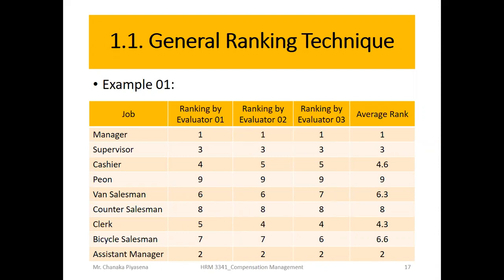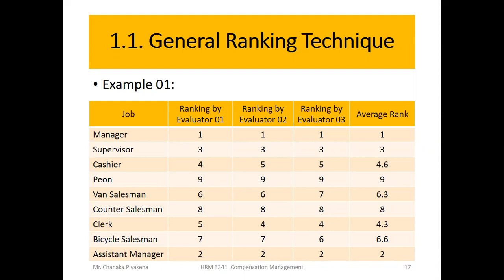When we consider the job of manager, the ranks are 1, 1, 1, so the total is 3 divided by 3 because there are 3 evaluators. The second job is the supervisor: 3 plus 3 plus 3 is 9, divided by 3 because there are 3 evaluators.